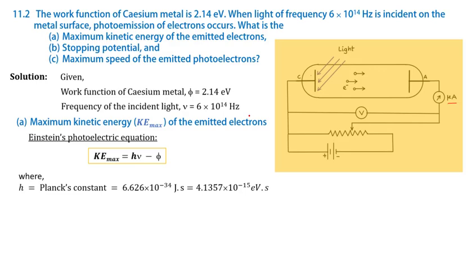Phi is the work function, which is given. Nu is the frequency of the incident light, which is also given.